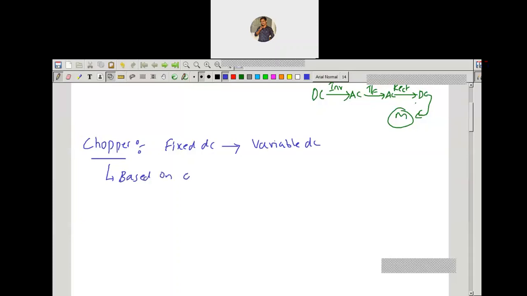Type A chopper, or class A chopper, is also known as the first quadrant chopper.